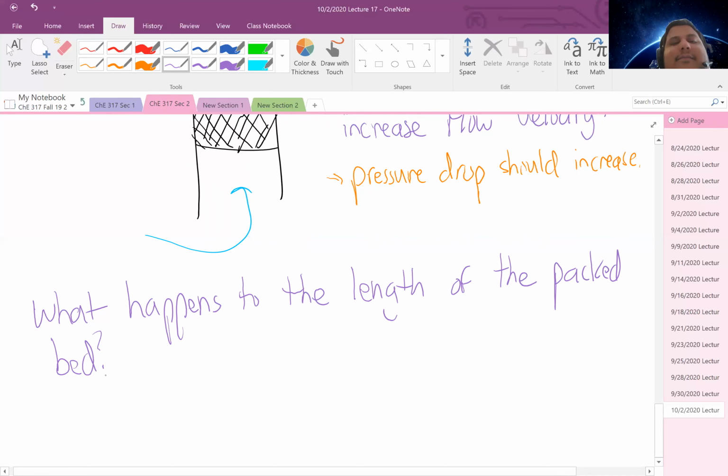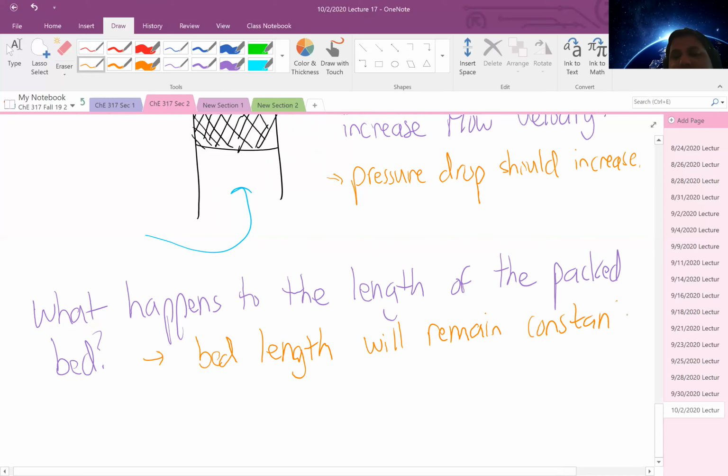It can, but if I'm considering a packed bed, I would typically state that my bed length will remain constant. And I'll explain why here in a second. And so that's for a packed bed.